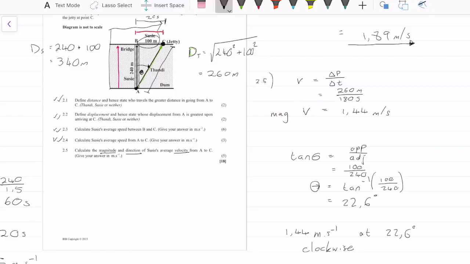So we're taking that distance there and we're taking the clockwise direction from the bridge. And that would be the final answer. And that's the last question as well.